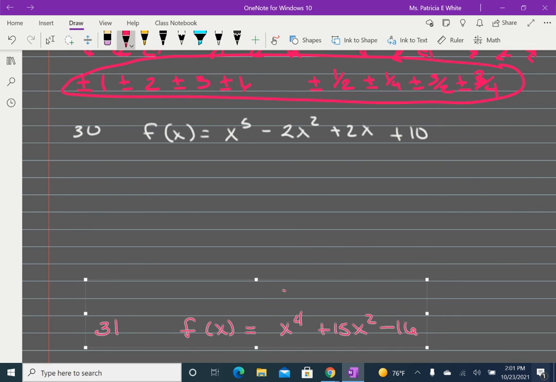Because if A is 1, then my Q is 1, and all I need is my factors of P. So for this one right here, since A is 1, all I have is plus or minus 1, plus or minus 2, plus or minus 5, and plus or minus 10.